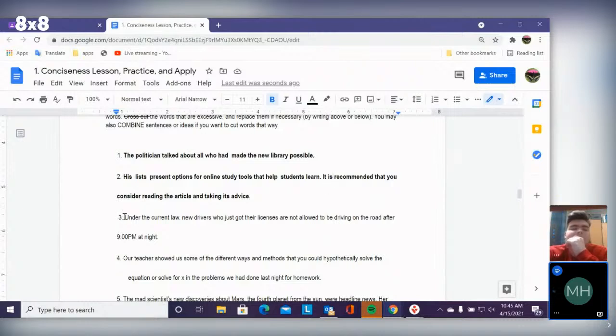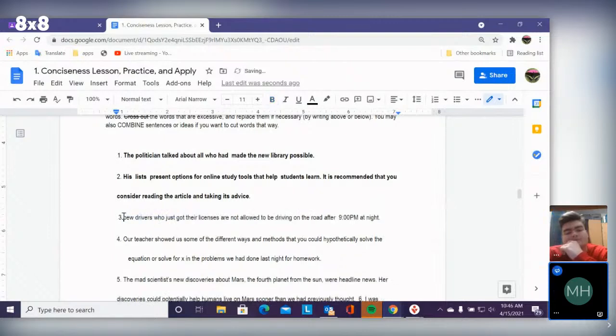Is there anything you want to look at when you look at this one, how we could just take out the fluff and still have it? I would just say new license holders aren't to be on the road after 9 p.m. at night. You don't even have to say under the current law, right? No. I agree. So we're going to take that out. Capitalize this here. So this is what we're working on, really, avoiding redundancy, wordiness.